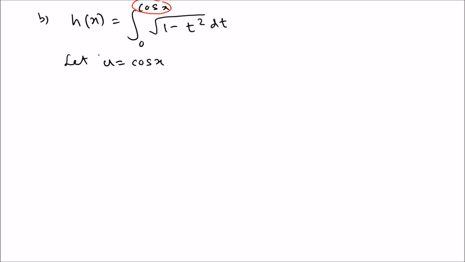We pick that and then take the derivative. That's the next step. So then du equals du by dx, so the derivative of cosine, negative sine x. That's what we get.